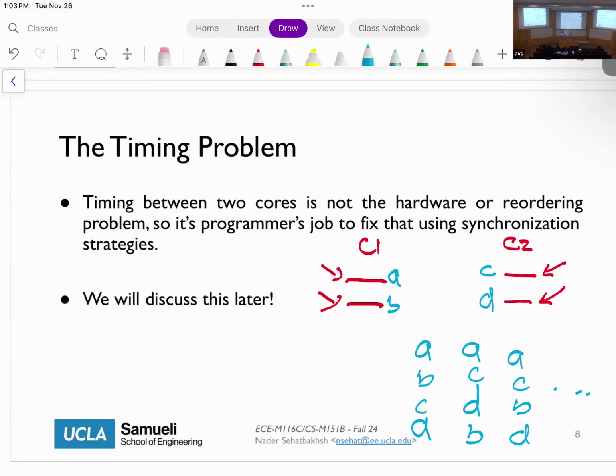Remember that we still maintain the A to B and C to D order, but they can interleave with each other because these are parallel, right? And then their timings might be off. So it might be the first core running and then the second core, or exactly at the same time with a little bit of interleaving, and so on and so forth.